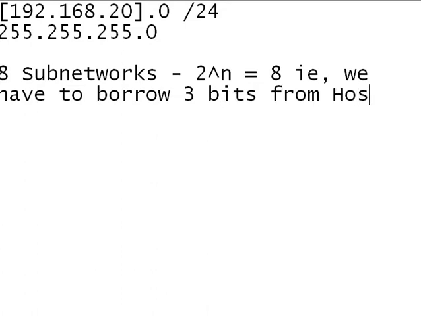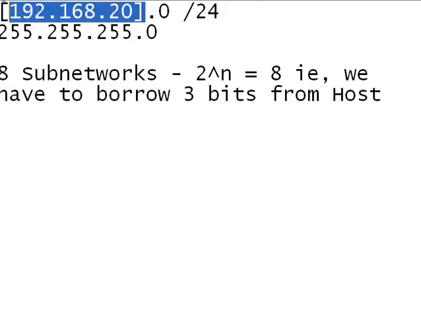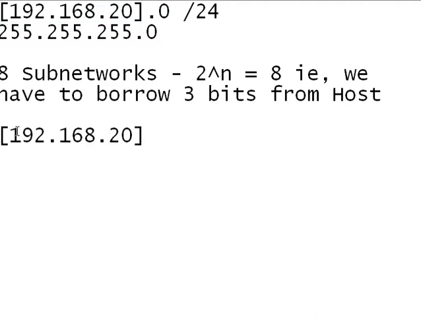Now if I am borrowing 3 bits from the host, then the network looks like this. Initially this was my network, but I will be adding 3 more bits into it and getting /27.